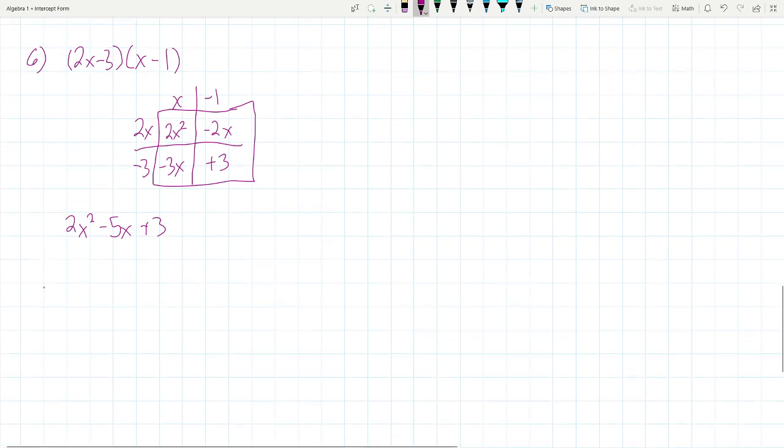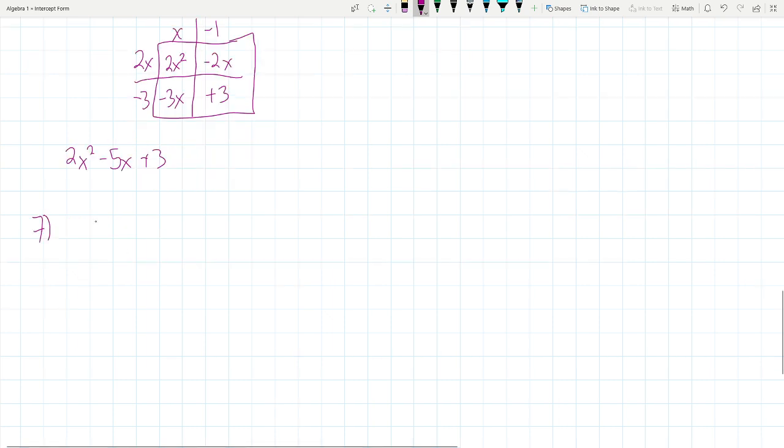Alright, number 7 asks us to describe and correct the error and find the product of the binomial. So they have x minus 2, 5 minus x.